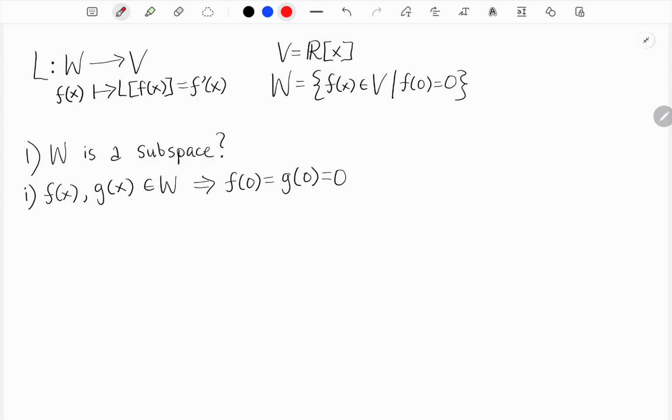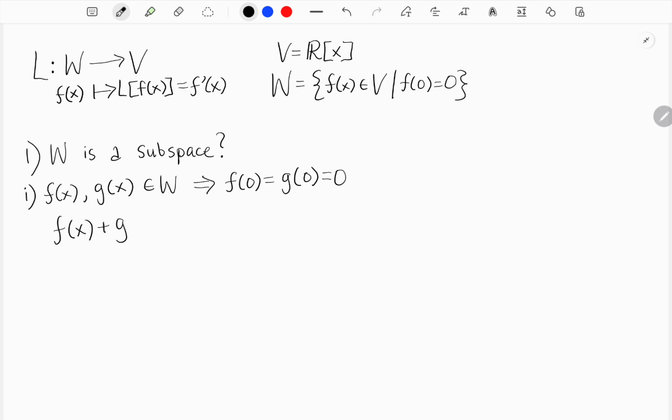So f of 0 equals g of 0, which equals 0, because they are both in W. We have arbitrary polynomials f of x and g of x that are in W, so they must respect this condition. So now, is it true that f of x plus g of x is also in W?